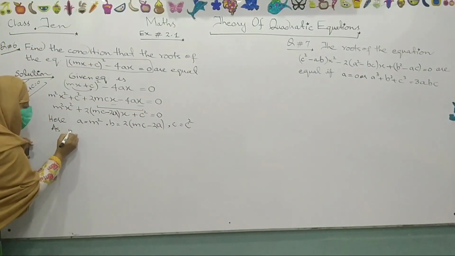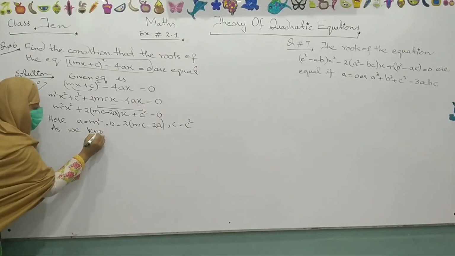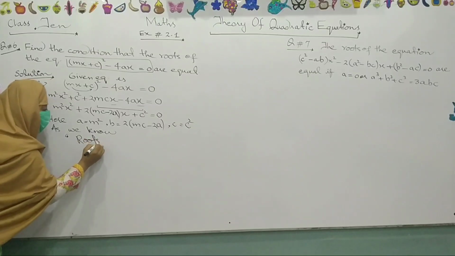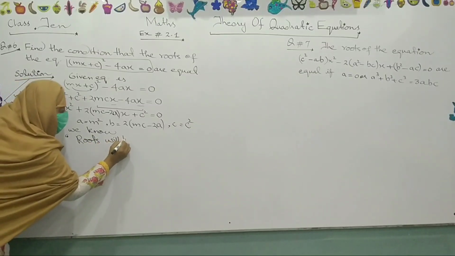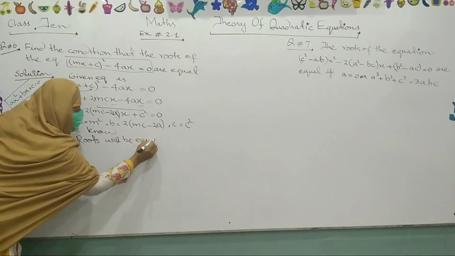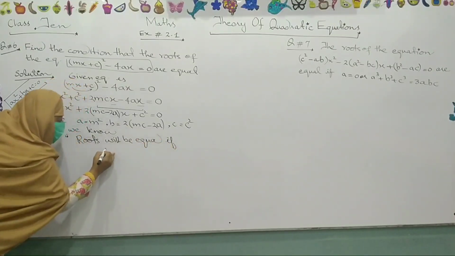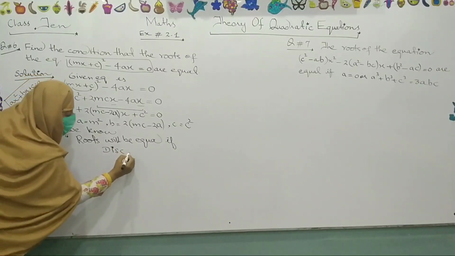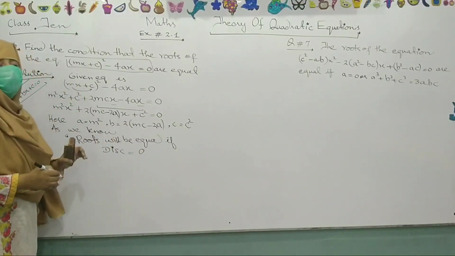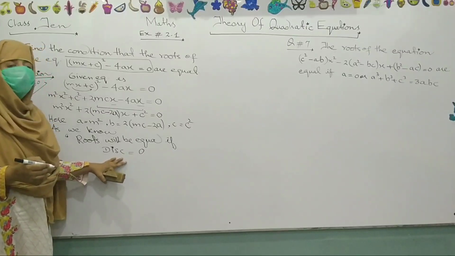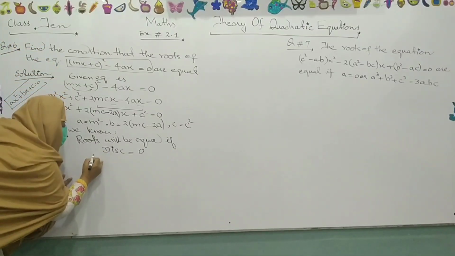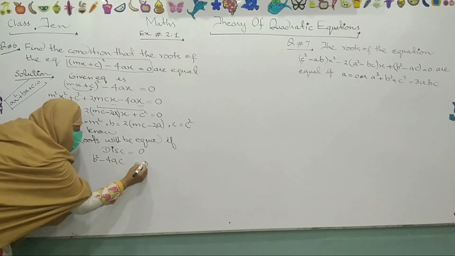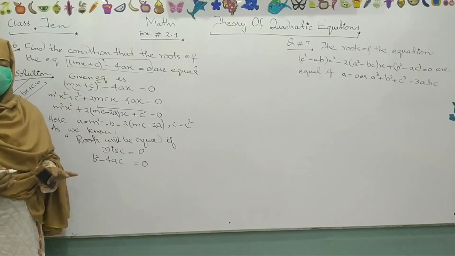As we know, roots will be equal if the discriminant is equal to 0. You know what this is? This is the expression b square minus 4ac, which tells us about the nature of the roots.